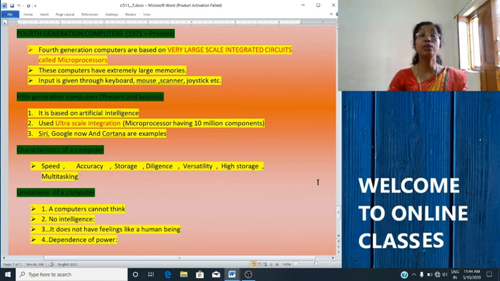Then we studied about versatility. That means computer is a multi-purpose machine which can perform a variety of tasks. It can be used in the fields of education, science and technology, business, accounts, communication, entertainment, etc. Then multitasking.